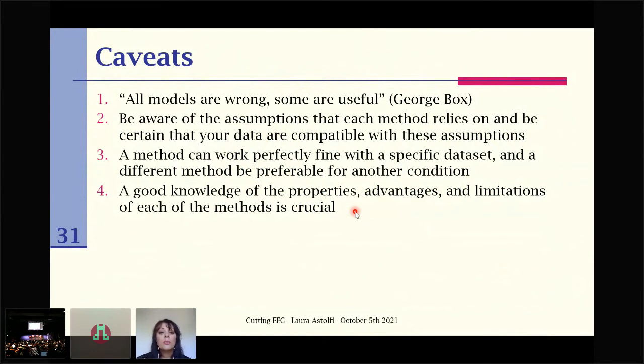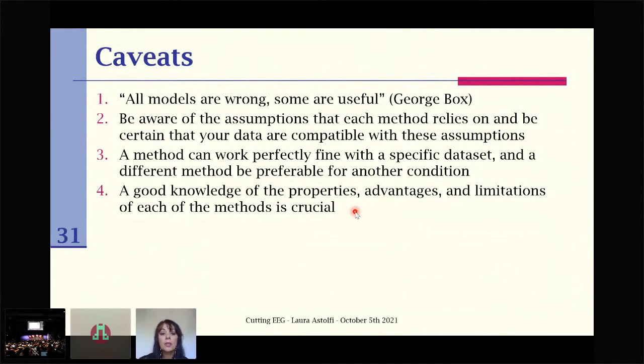So a method can work perfectly fine when the assumptions that we make are satisfied by our data, but the same method used with a different data set, used with a different problem, could not be so good. And on the contrary, a different method could be preferable when the conditions are different.